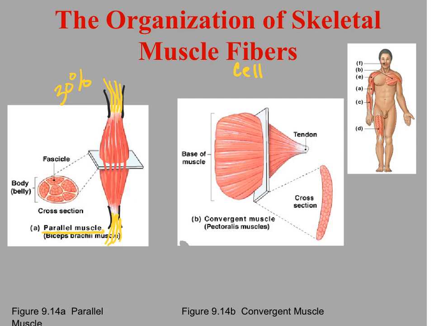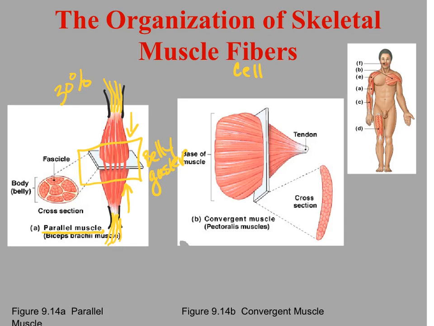The biceps brachii is a really good example. So when this muscle contracts, it's going to get fatter here in the middle of the muscle, and the whole muscle gets fatter towards the center. That's called the belly of the muscle, or the gaster. Gaster also means belly. So this type of muscle fiber arrangement allows for the greatest range of motion.